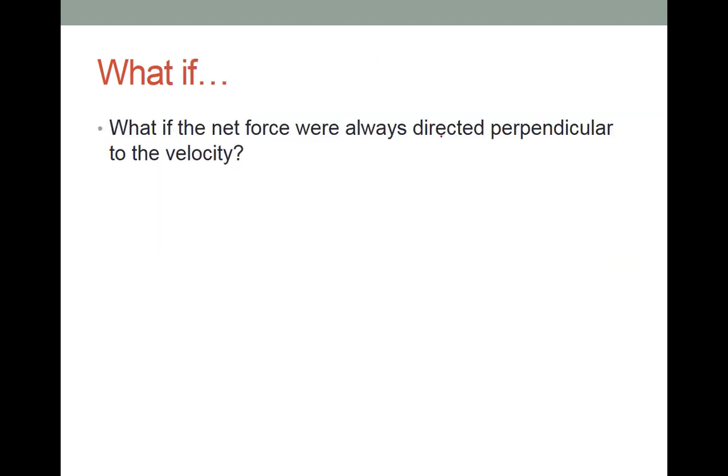But if you make things so that the net force is always directed perpendicular to the velocity, so no matter where you look in the object's motion, these two things are always perpendicular, what's going to happen?